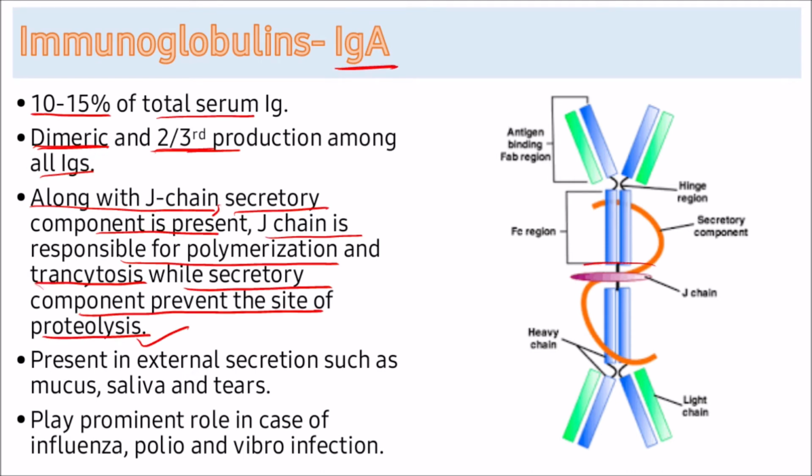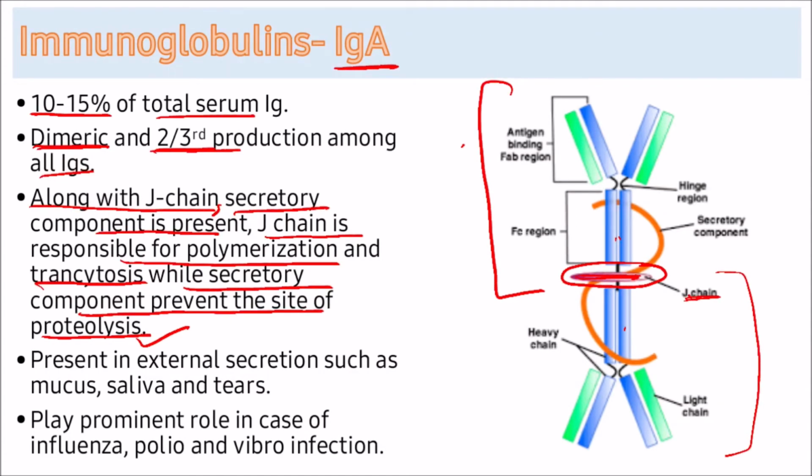So this IgA, as we can see, is dimeric in nature. This is one unit, and here is another unit connected through the J chain. This J chain is responsible for the polymerization of these two units, and also for the transcytosis of this IgA into the external secretion.